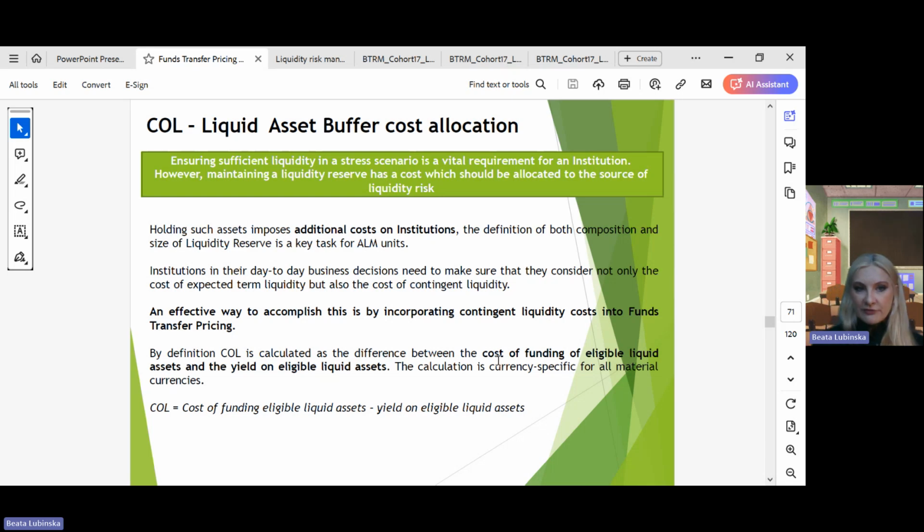When it's positive, because the remuneration of the liquid asset buffer is higher than the cost of funding it, we are talking about positive cost of carry. And this is exactly the equation which you see here.